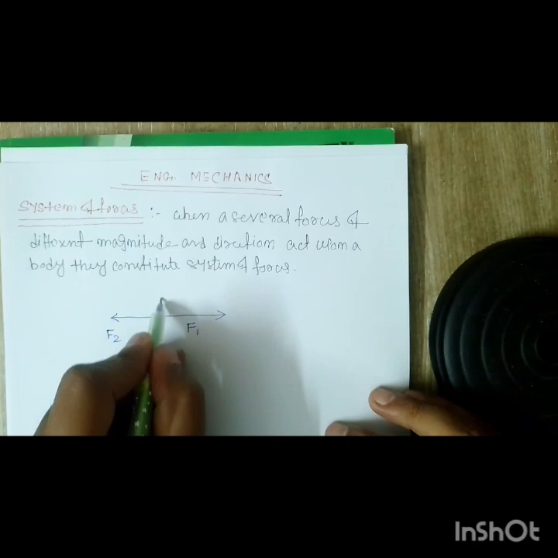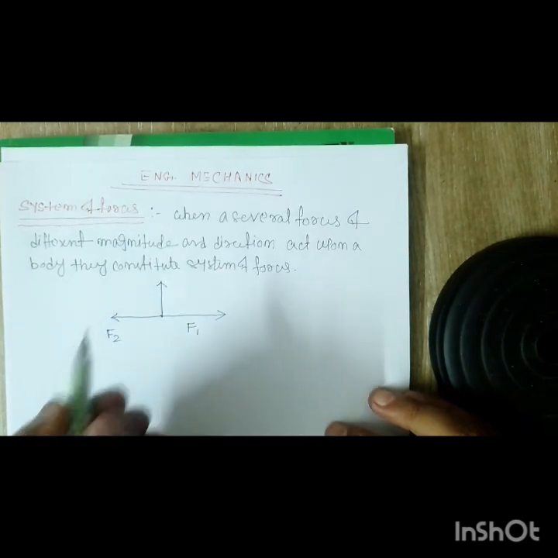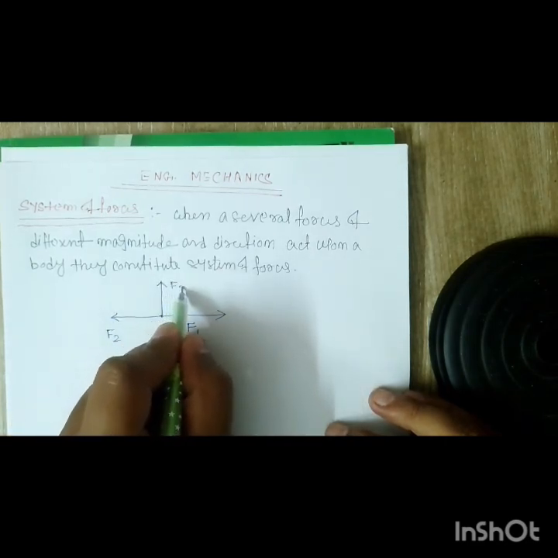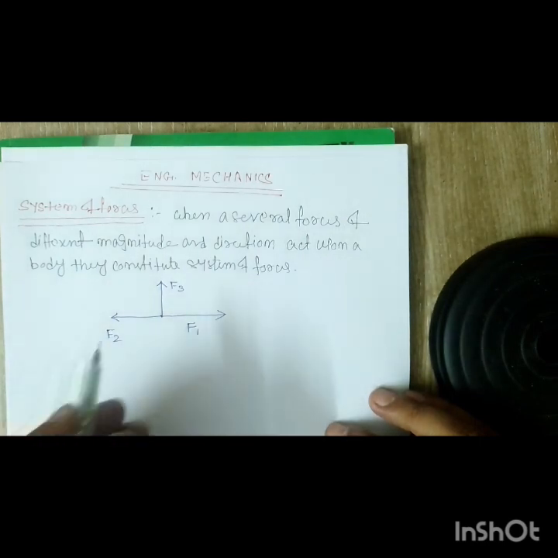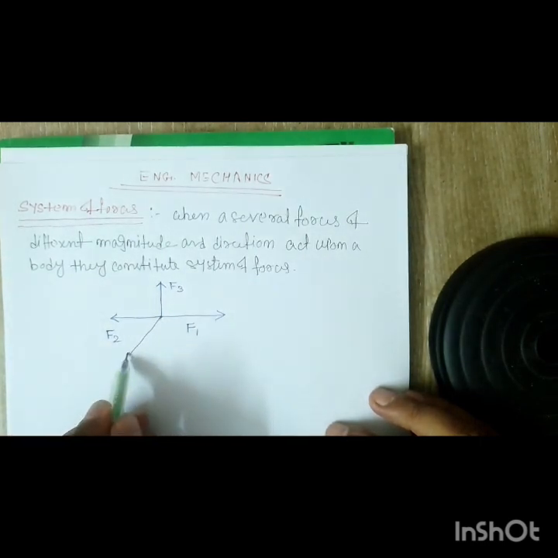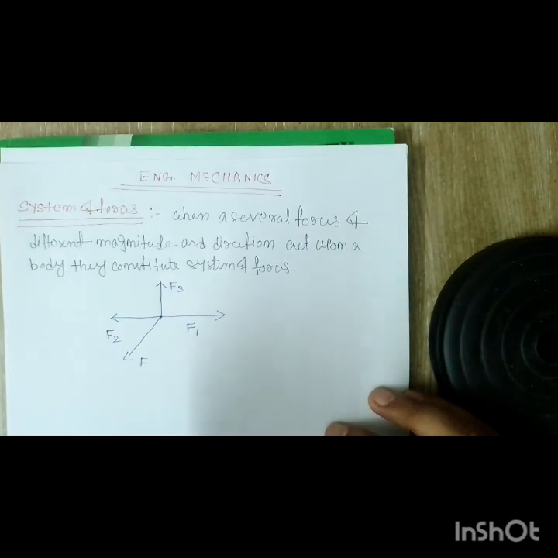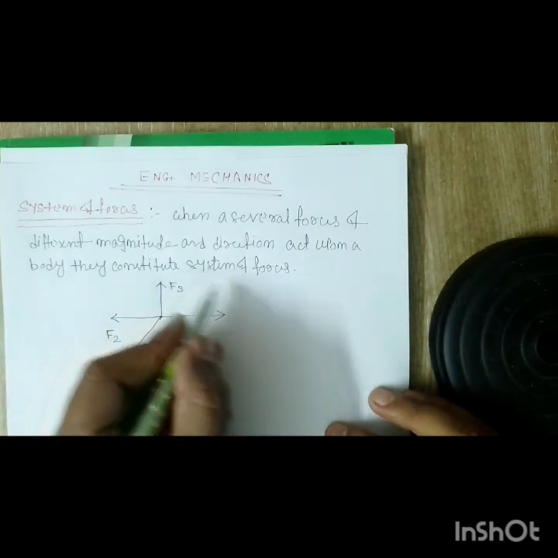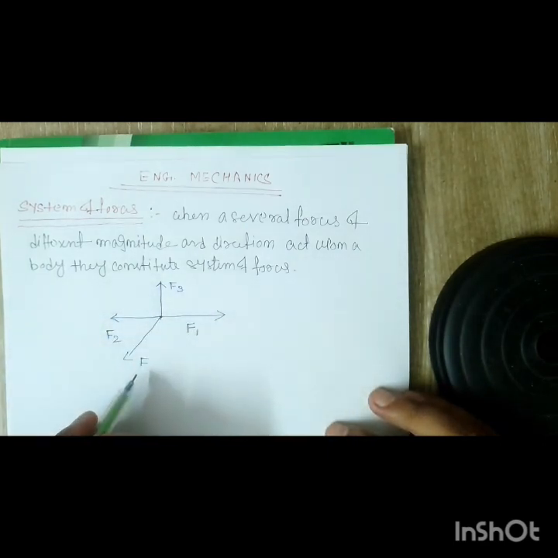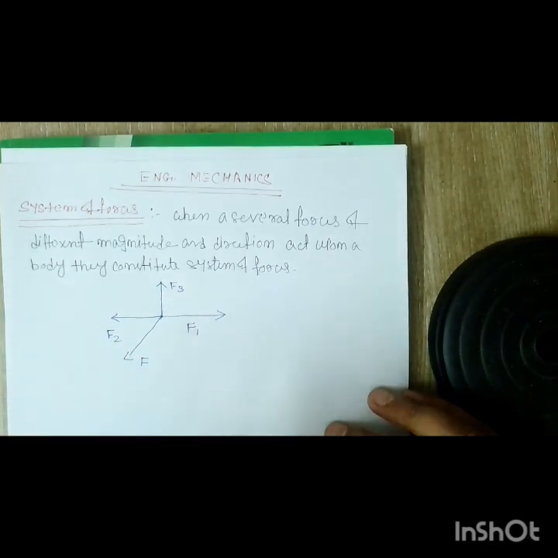Let's say another force has magnitude f3, and it is vertically up, and another force f4 is inclined, going downward towards the left. Such forces constitute what we call a system of forces.